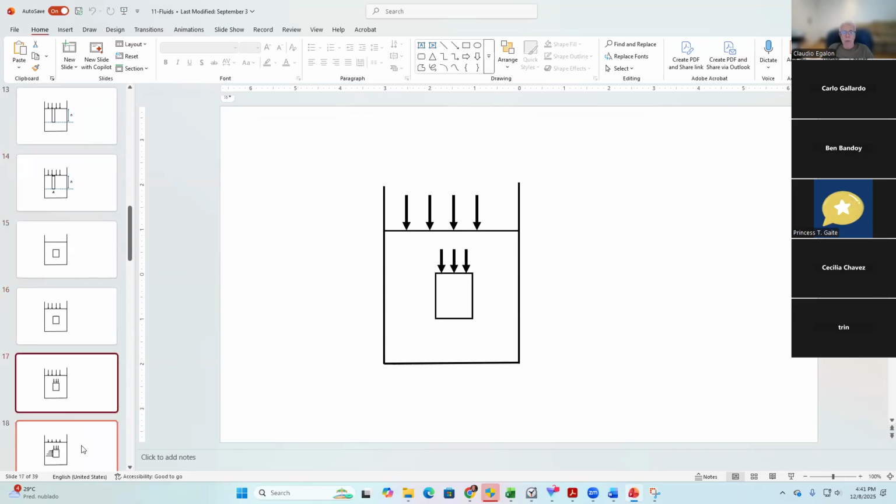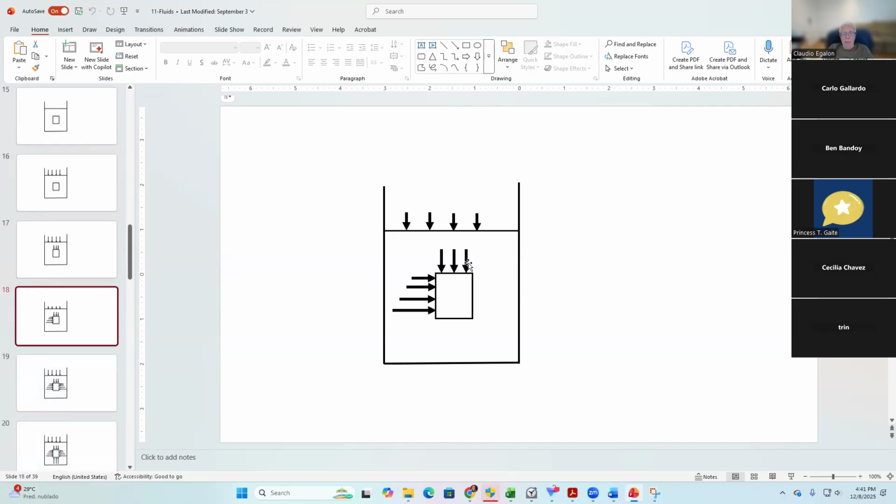But it's also subjected to the water pressure, added to the atmospheric pressure. At this height here, the pressure is going to be the same. Notice that the arrows have the same length, to emphasize the fact that the pressure is the same. But on the sides of the object, we are going to have also a pressure that's going to increase. And there will be a pressure differential between this level and this other level.